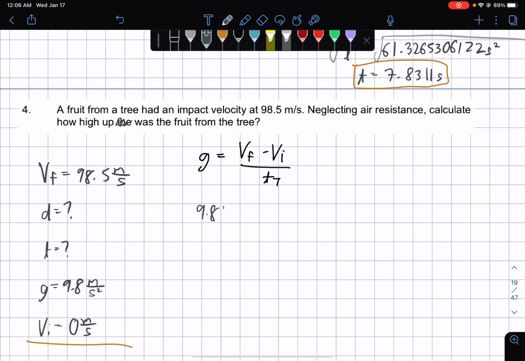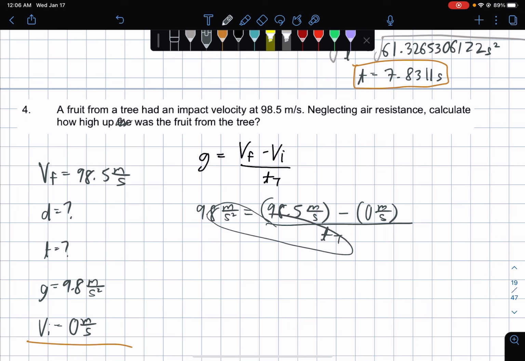So we have 9.8 meters per second squared equal to Vf. Vf is 98.5 meters per second. Vi is equal to 0 meters per second. Time is time. And you just switch these in terms of their position. So time is 98.5 meters per second over 9.8 meters per second squared.